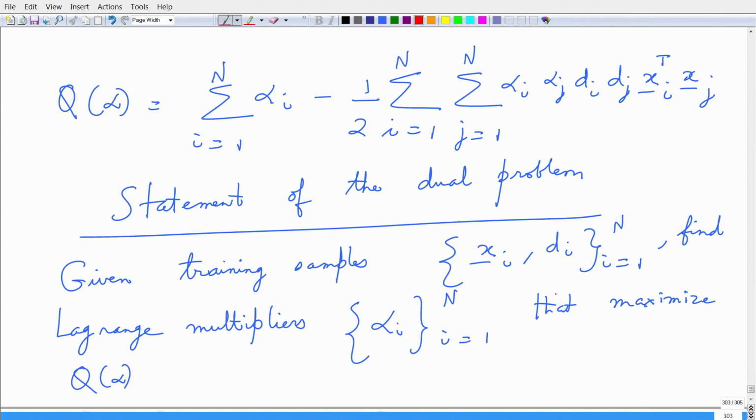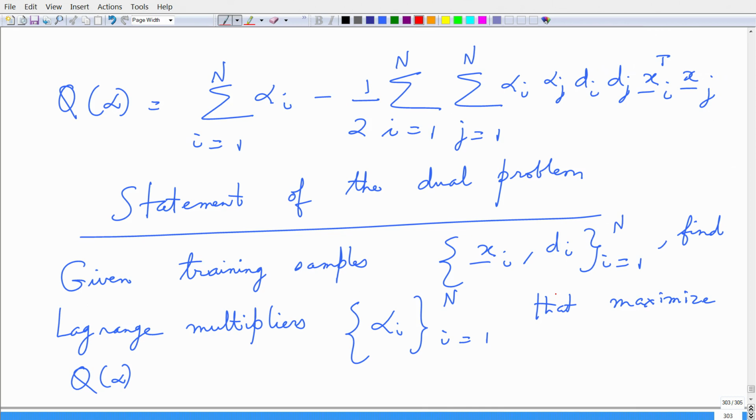It is interesting to note that while in the primal problem the Lagrangian was dependent on the weight vector, we have eliminated this weight vector in terms of the Lagrange multipliers alpha i and the training samples xi, di.